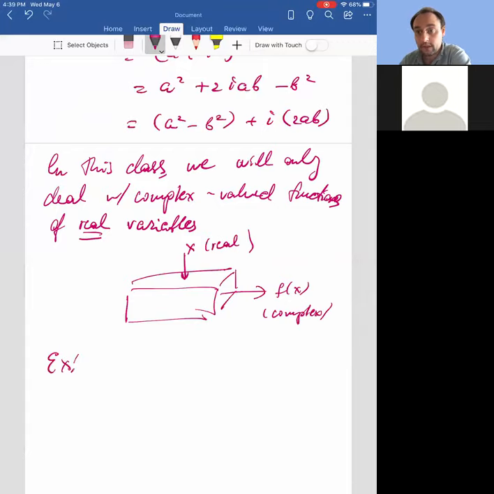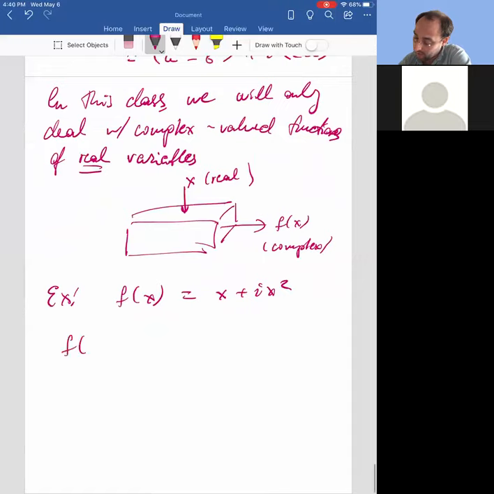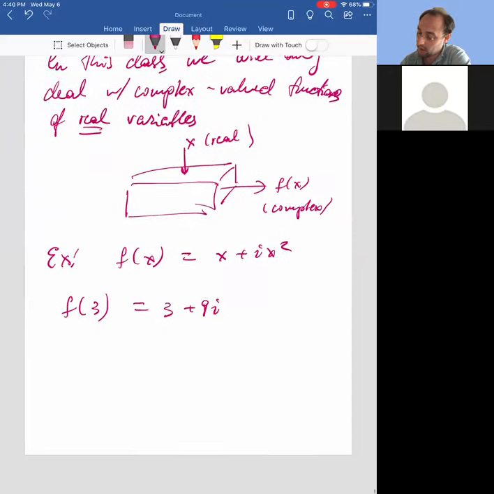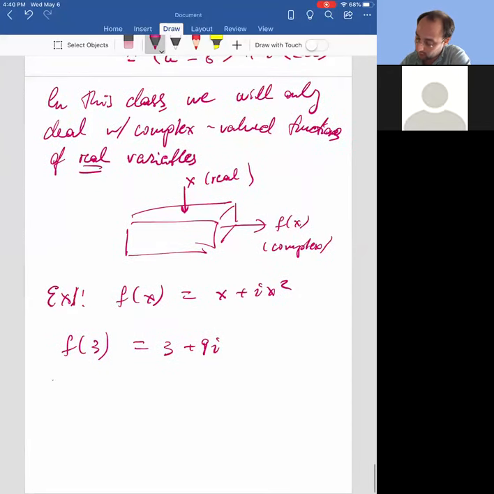Example: f of x equals x plus ix squared. Just came up with an example. So then f of 3, you put a number 3 into it, gives you a complex number out. Example 2.